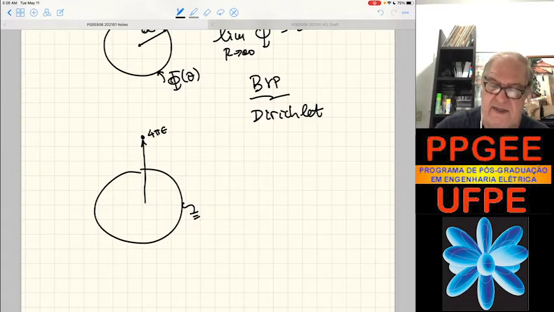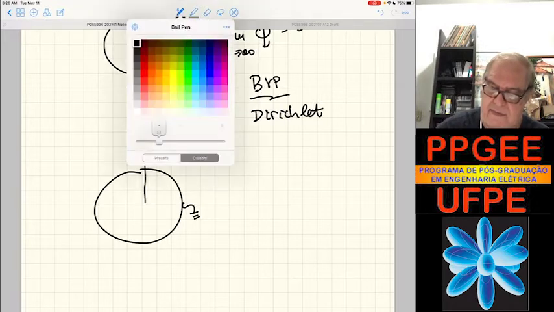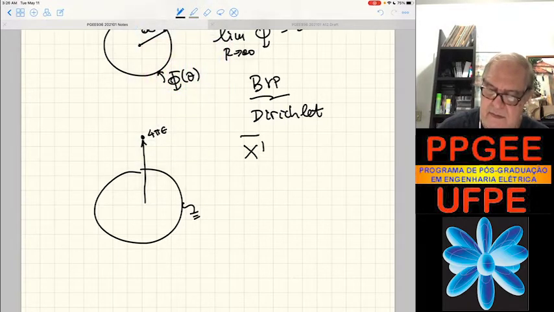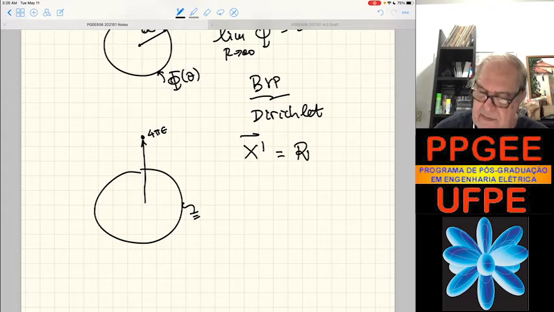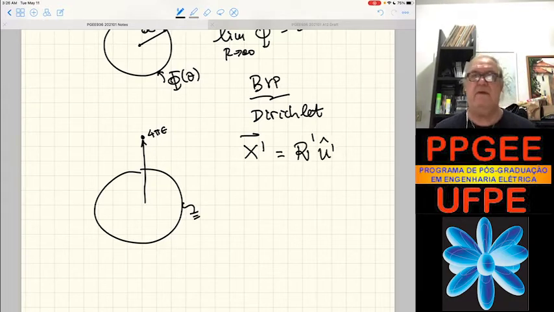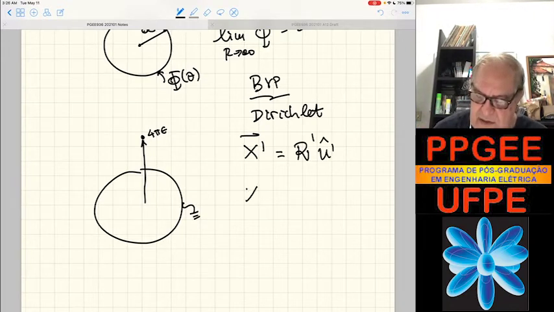If the charge is at x prime, and x prime equals r prime times u prime, a versor, the image charge is located at a squared over r prime times u prime.